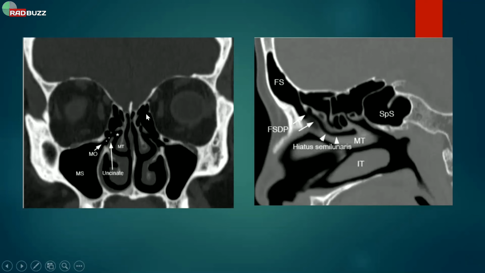Frontal sinus will drain into it, the anterior ethmoid will drain into it, and maxillary will drain again into it, this one. And posteriorly, obviously, this group will drain over here. So you should be able to trace out the drainage pathway. If the drainage pathway is obstructed, you will find the pathology all the way up.